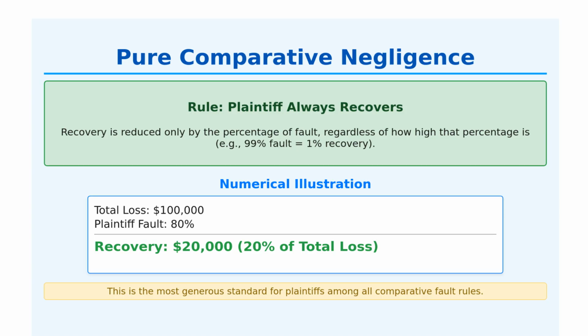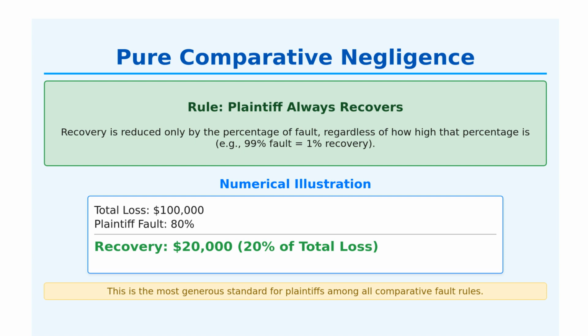The plaintiff's total damages are simply reduced by their assigned percentage of responsibility, no matter how high that percentage is. For instance, if a jury determines the plaintiff was 99% responsible for their own injuries, they still recover 1% of their total damages. This contrasts sharply with the older contributory rule.